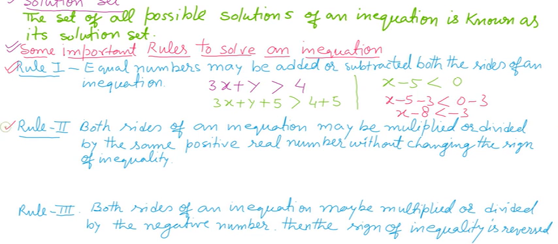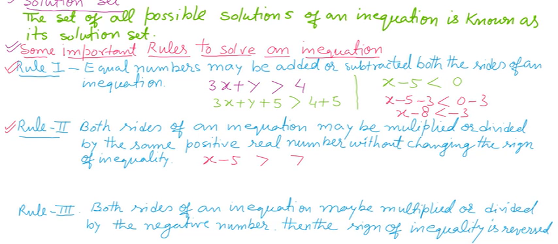Now rule number 2. Both sides of an inequation may be multiplied or divided by the same positive real number without changing the sign of inequality. For example, x minus 5 is greater than 7.